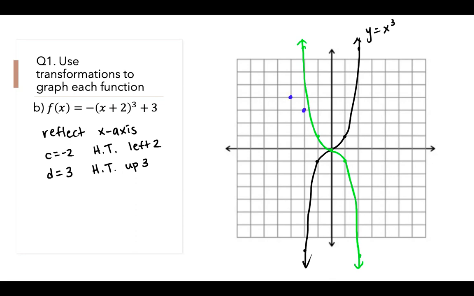Same thing for the others, and somewhere over here, further. Now we draw the same curvature going out here, and this will be going in this way. That will be my final function, the transformed function of f of x equals negative (x plus 2) cubed plus 3.